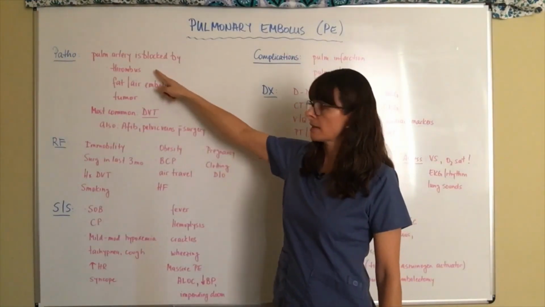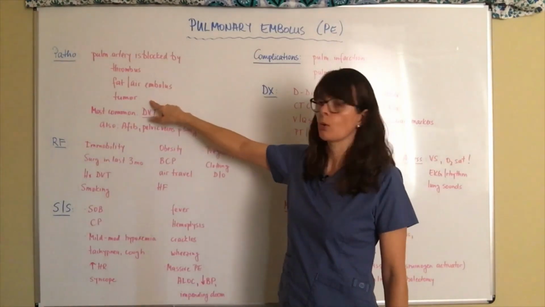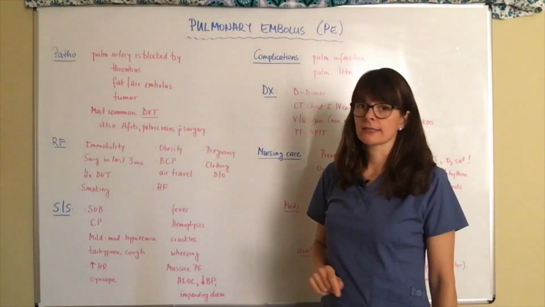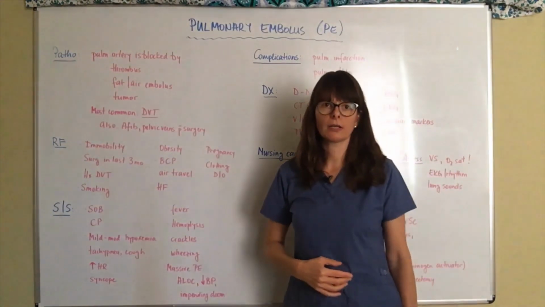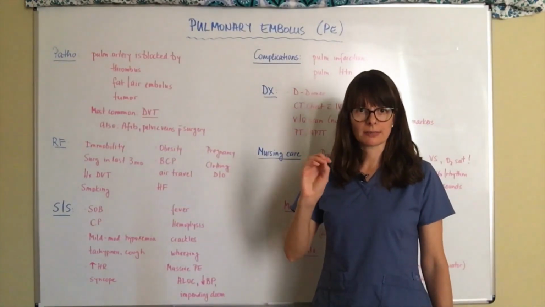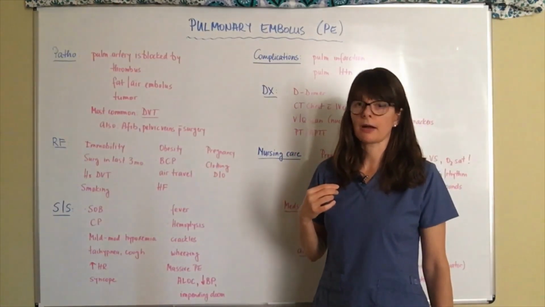It's a thrombus, but it can also be a fat or air embolus or a tumor. A fat embolus usually happens after long bone fractures. When, let's say, the femur breaks, bone marrow is released, some fat enters the bloodstream, and then it can become dislodged in the lungs.